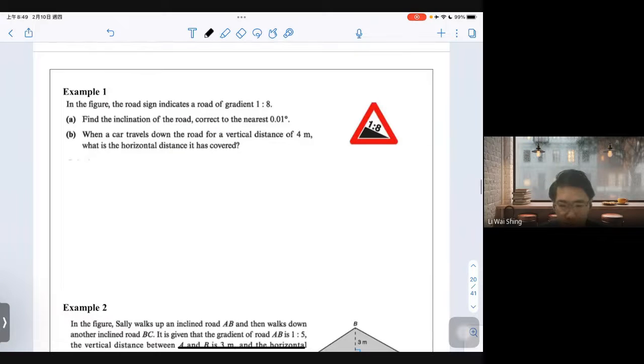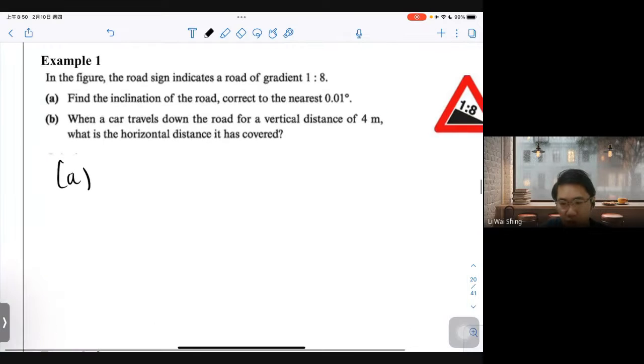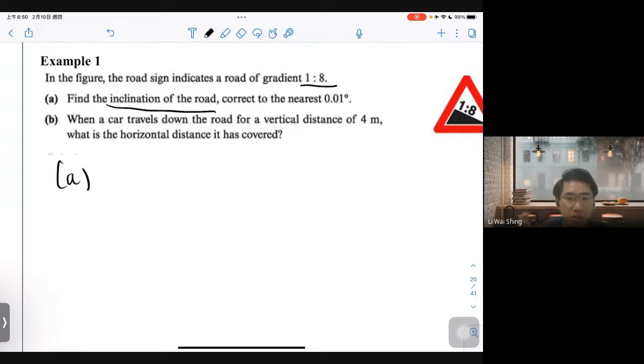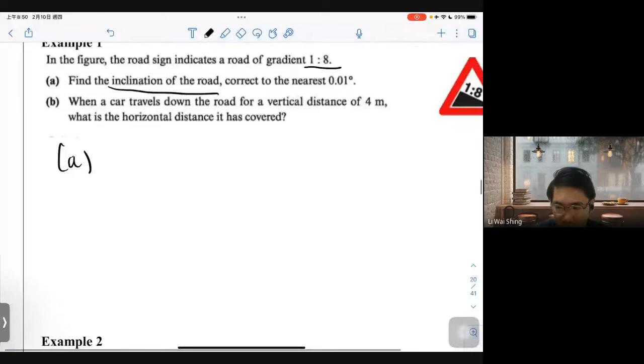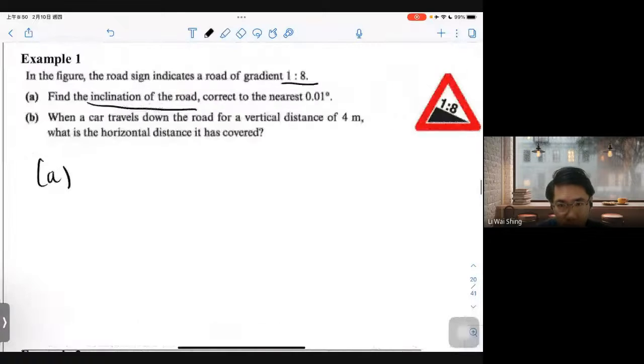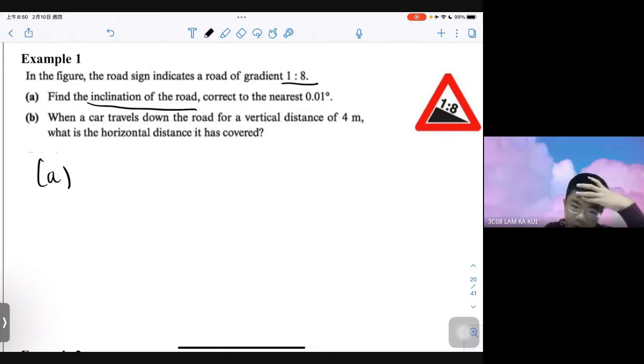Thank you. Okay, so part A, example 1. The gradient is 1 to 8. Find the inclination. Okay, tell me how to find it. Tangent theta equals 1 over 8.